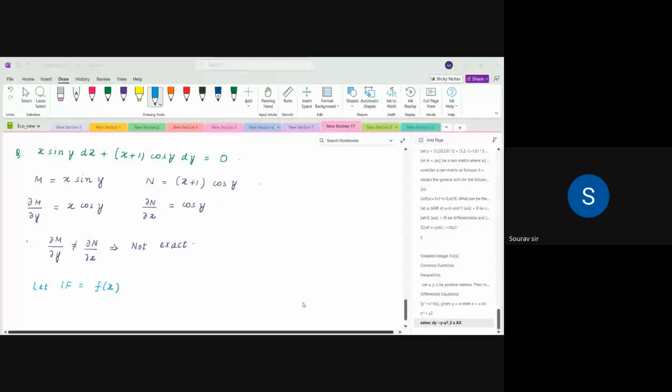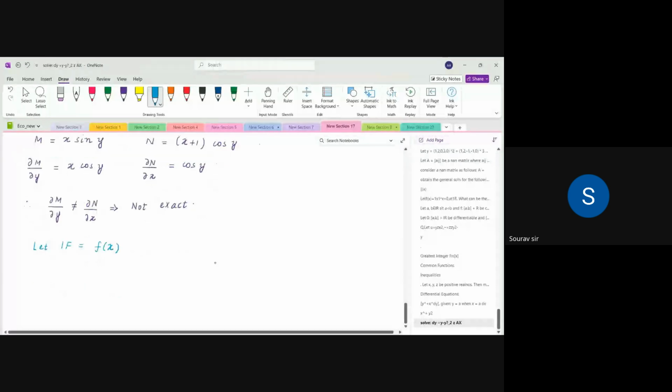Whatever it is, we don't know what it is as of now, but some function of x. All right. And what is the outcome of considering an integrating factor? It is such a function that after I multiply it with the differential equation, it will look like f(x) into x sin y dx plus f(x) into (x plus 1) cos y dy equals 0.